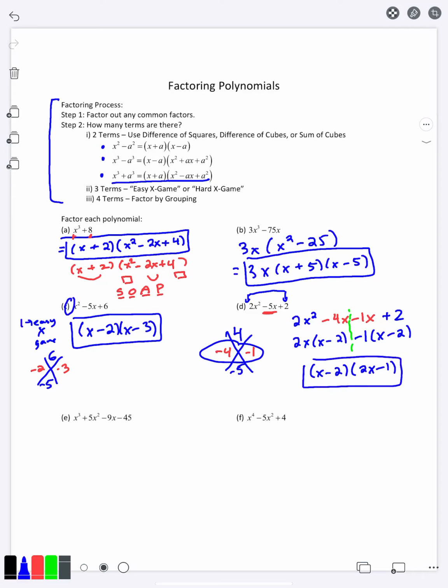Now, as I said, there are lots of ways you might factor that. If you don't like my way, but you have your own way that works, great, go for it. I will say that the way that I originally learned this was I'd say, okay, the first term is 2x squared, so I write my 2 parentheses down. In order to get 2x squared, it has to be 2x times x. And then you start guessing things until it works.